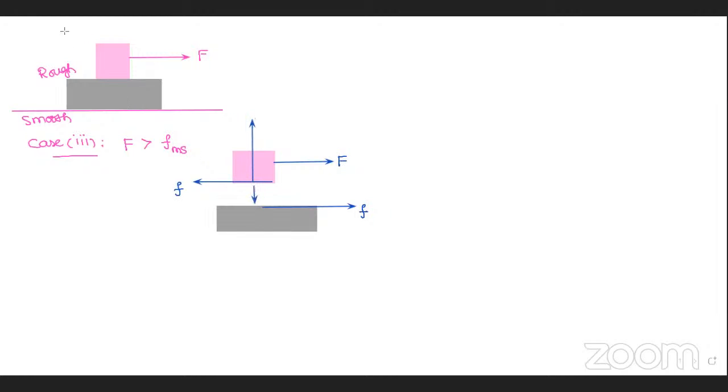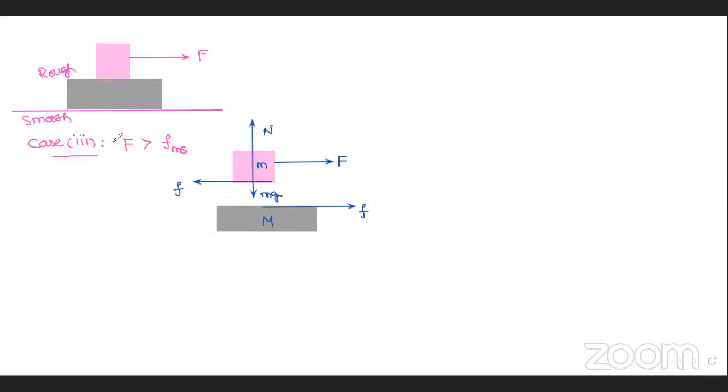Downwards, we draw mg here. So N equals mg. And here this is small m, and I think yesterday we took it as capital M.